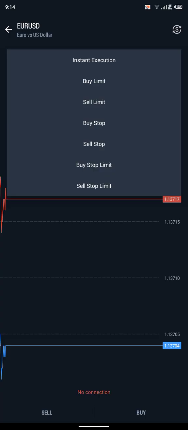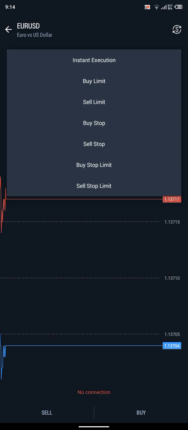So you can just set a buy limit if it's a buy you are looking for, or a sell limit if it's a sell. You can just set it, and whether you are connected to the internet, whether you are with your phone or not, it doesn't matter. Your broker will automatically put you into the market, so you don't have to miss that trade. That's the importance of buy limits and sell limits.